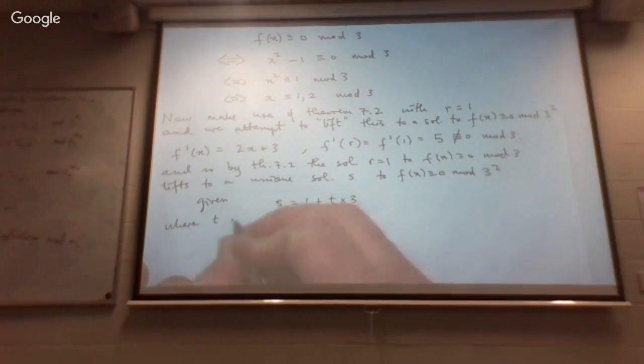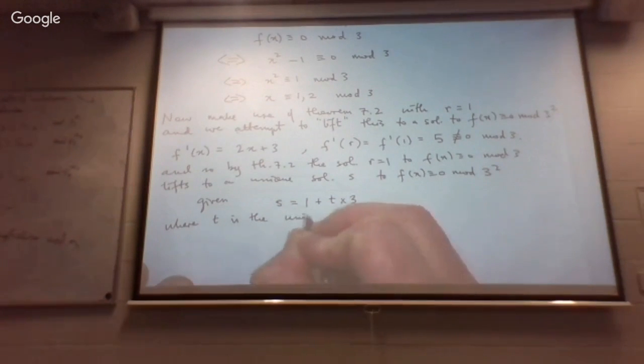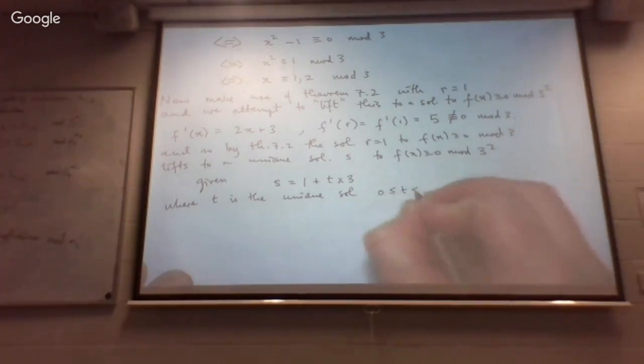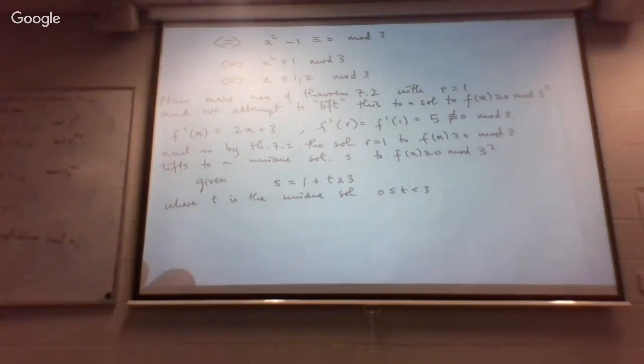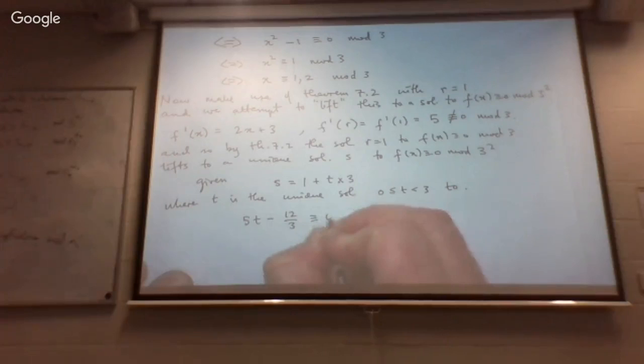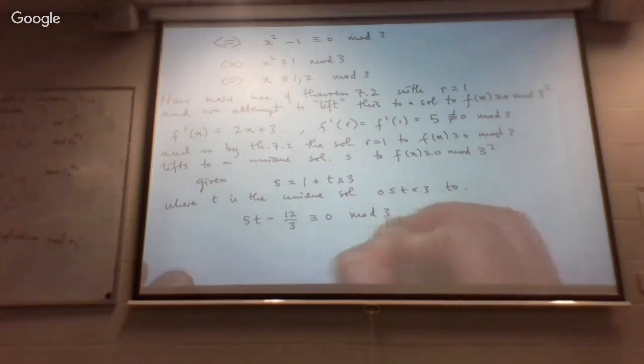So we have to find this t, where t is, well, it's either going to be 0, 1, or 2, the unique solution to this polynomial, which is 5t minus 12 over 3, congruent to 0 modulo 3. So that's the congruence which is indicated in equation 7.11 on page 52.